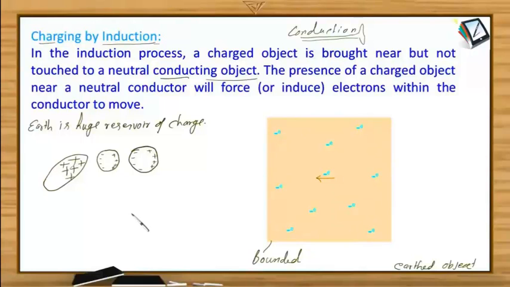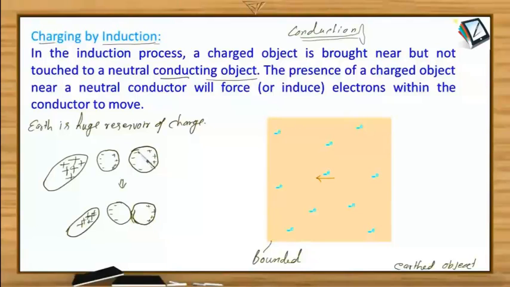And in the second step, suppose in its presence we bring these two objects in contact. Then what will be the situation? Can you guess that? This object is there in its presence, we have brought these two in contact, then what will happen? It was negative charge here and positive charge here, negative charge here and positive charge here.